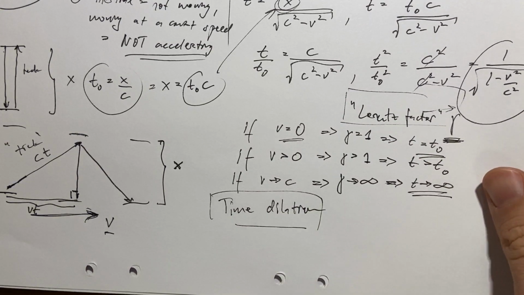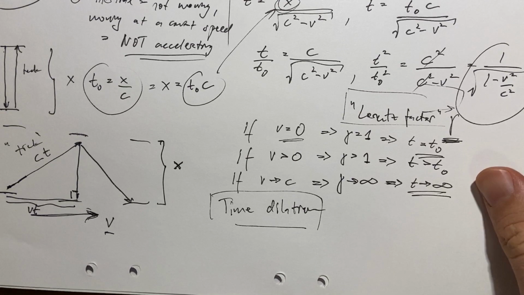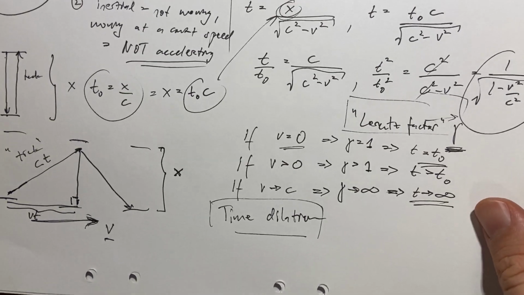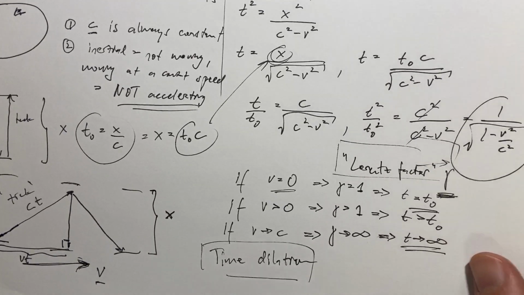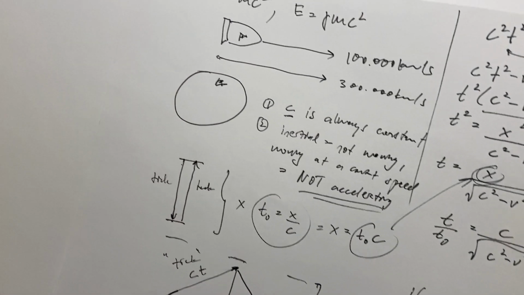Okay. Now, in order to get an expression for the relativistic energy of the object, to reach E equals mc squared, to be able to derive that expression, we need some help from classical mechanics.